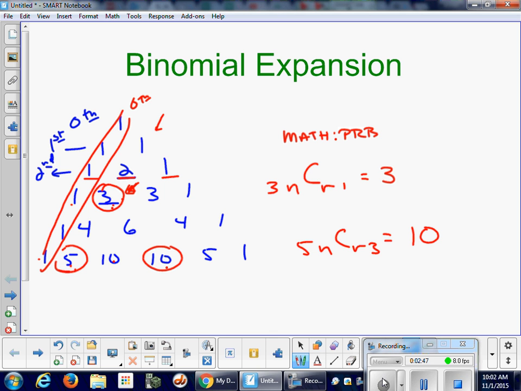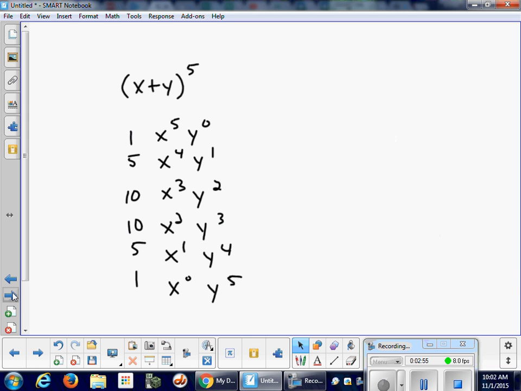All right, this is going to be useful to us when we take some shortcuts, because the next thing we're going to do is look at some patterns within our expansions and use that to our benefit in solving these problems. All right, so some things to note here. Here's Pascal's triangle row 5.